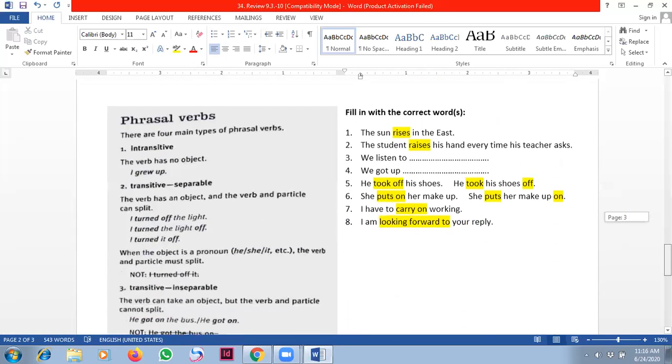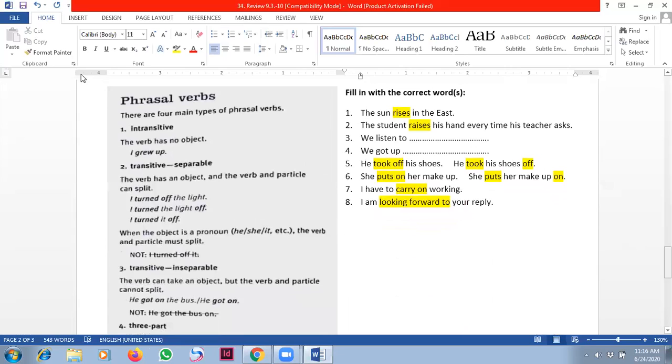Two more to go. Yes, this is the phrasal verbs now. Phrasal verbs: intransitive and transitive. What is the difference between intransitive and transitive? Intransitive, the verb has no object. I grew up, it means there is no object here.